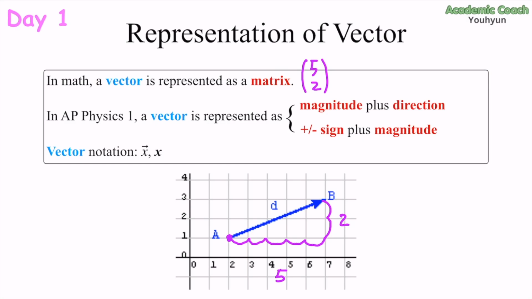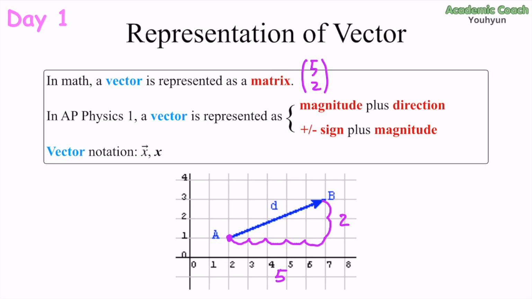But in AP Physics 1, we do not use matrices. It's going to get way too complicated. So there are two ways to represent a vector in AP Physics 1. One is by magnitude plus direction.